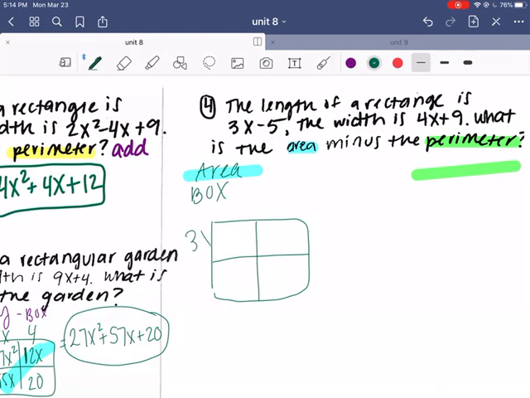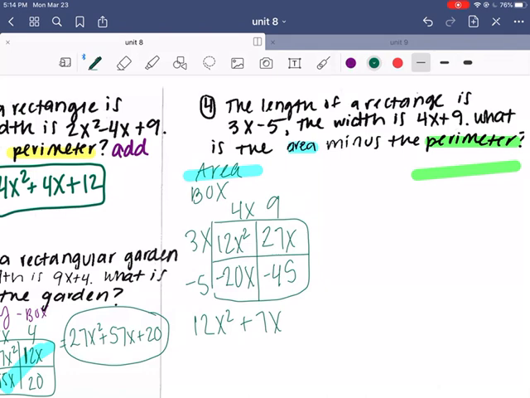Right, so I'm going to have the dimensions 3x minus 5 and 4x plus 9. So this should all be coming natural to you now. Negative 20x. So the area is 12x squared plus 7x minus 45.